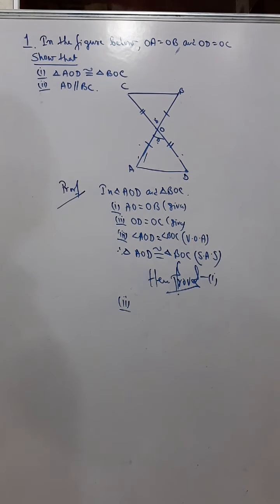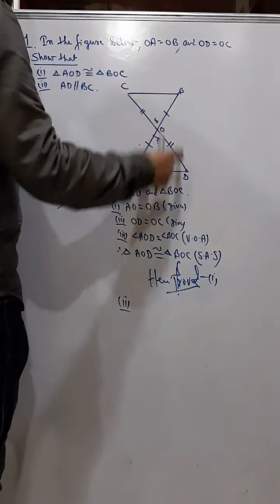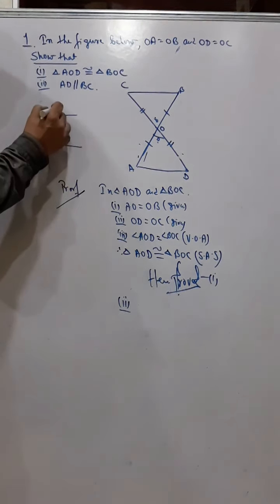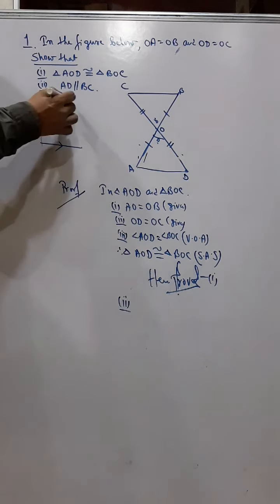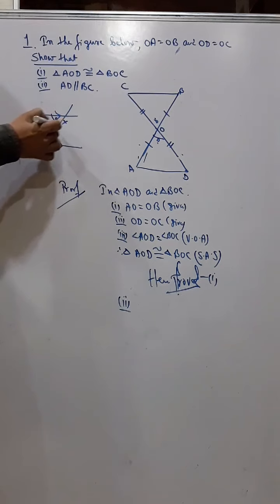Now number 2, they told that AD is parallel to BC. Now try to understand, if two lines are parallel, then the alternate angles are equal. You know, this angle equals this angle and this angle equals this angle.